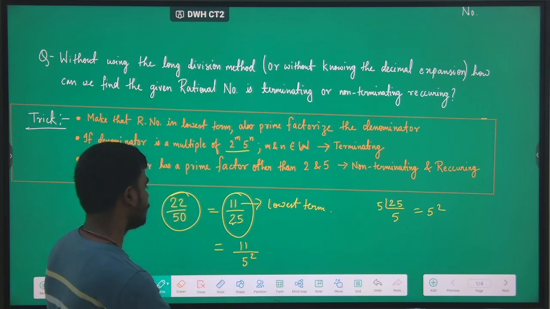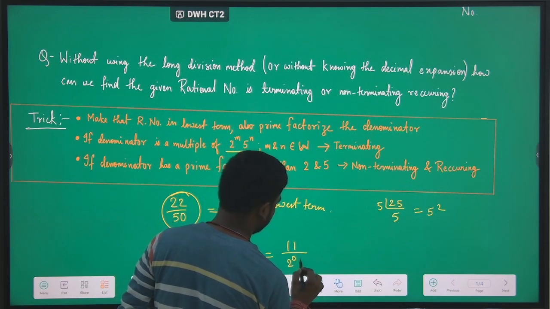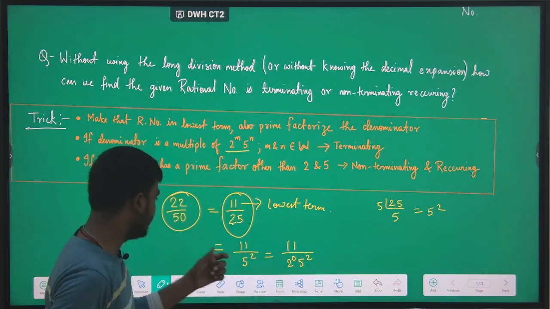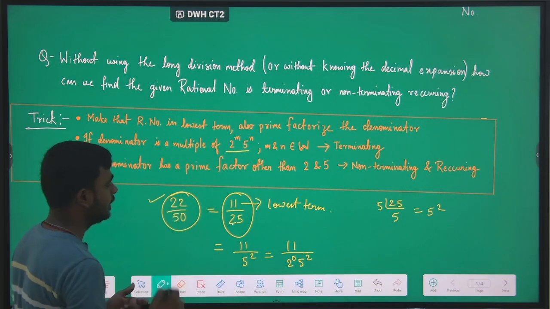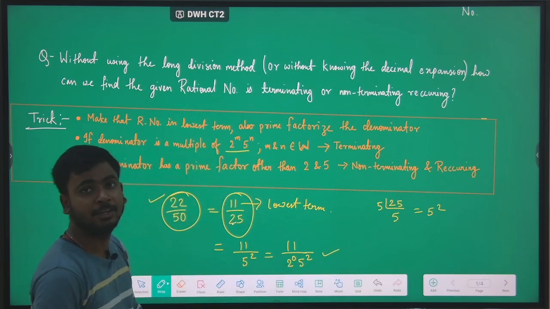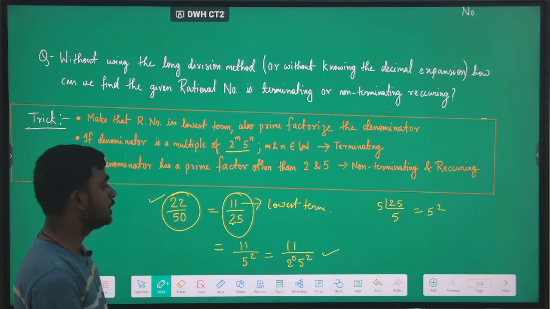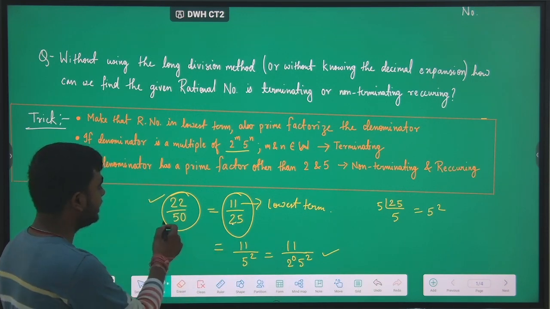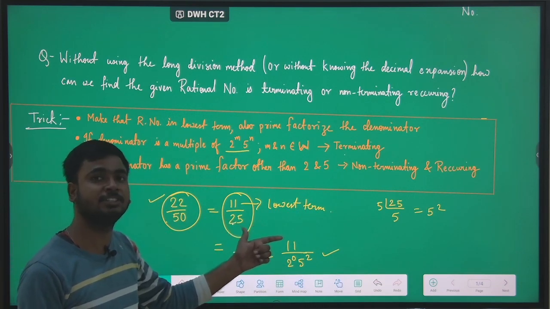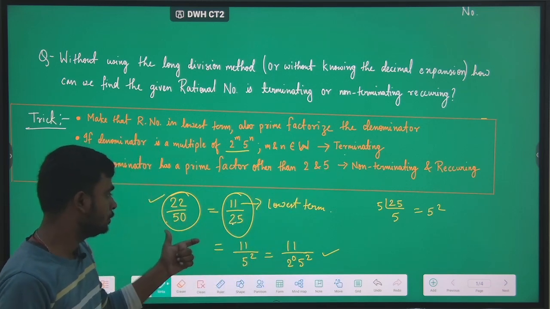So we can write this rational number as 11 upon 2 to the power 0 multiplied by 5 to the power 2. This rational number has been expressed in the form of 2 to the power m into 5 to the power n in the denominator, so we can say that it is terminating. We haven't found the decimal expansion, but we have said that it is terminating through this concept.